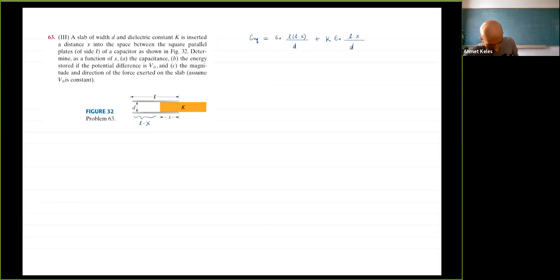I can try to look at this equation and write it a little more compact. Let me take some common factors.